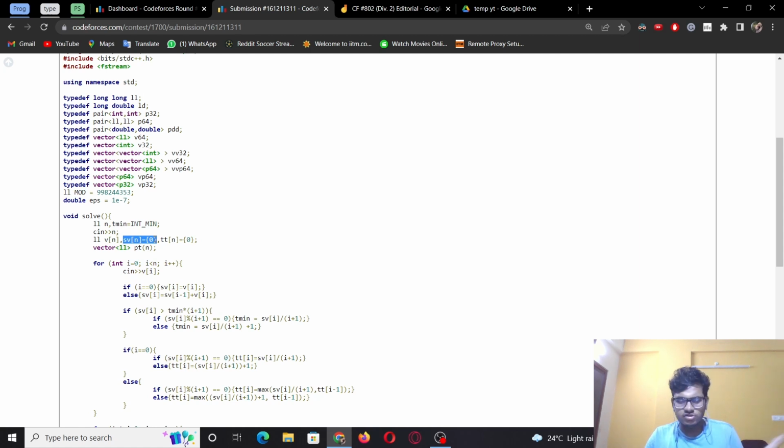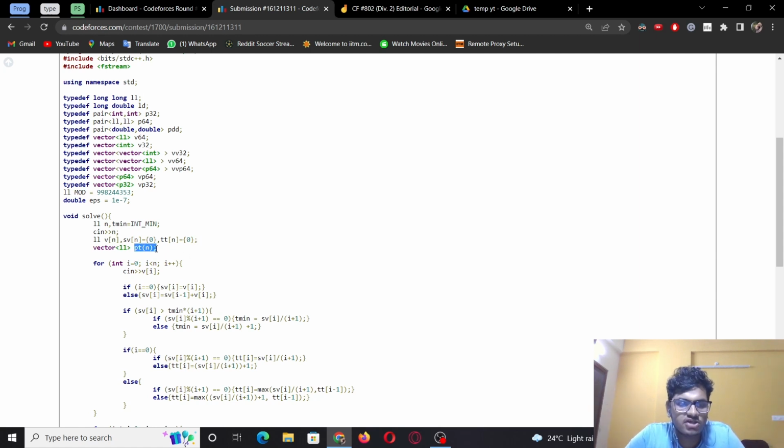For those of you who don't know prefix sum, it is basically the sum of all the elements on the left of an element. So SV of i will be the sum of all the vj's till the ith element, and tt of n, as I have described in the example, is basically the time taken to fill the first k locks by k pipes.